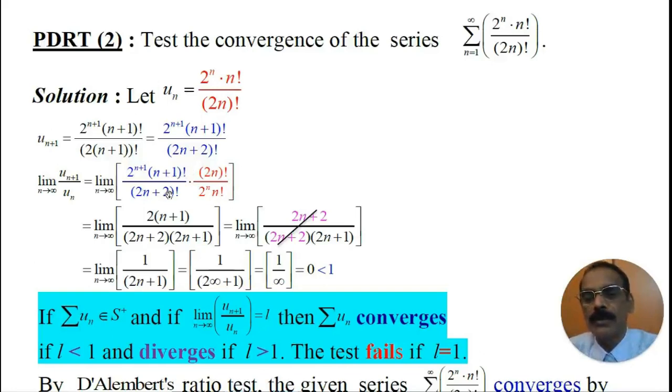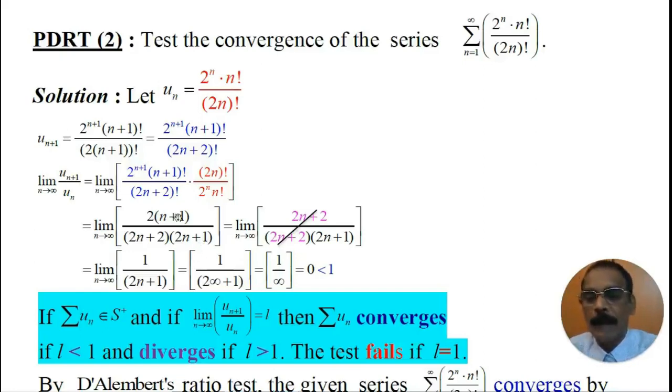Here (2n+2) factorial can be written as (2n+2) into (2n+1) into 2n factorial. Therefore, the 2n factorial and 2n factorial get cancelled, and hence we will be left with 2 into (n+1) divided by (2n+2) into (2n+1). Rest are all terms get cancelled.